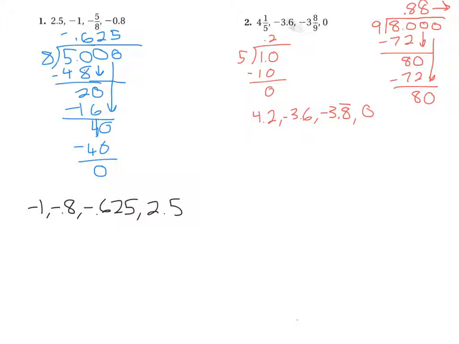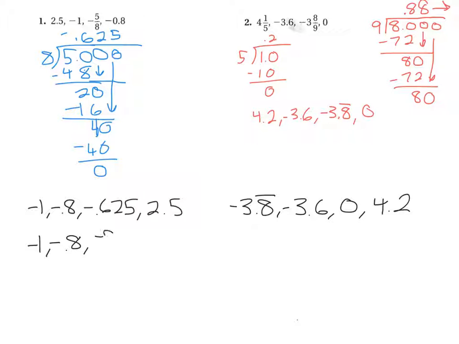So if I'm looking for my lowest number, I got 2 negatives here, but negative 3.888 on forever is less than negative 3.6. So we'll put negative 3.8 repeating, negative 3.6, then 0, and then my positive number. And you know what I should do really is, all these numbers that I changed, I should change back to their original form.